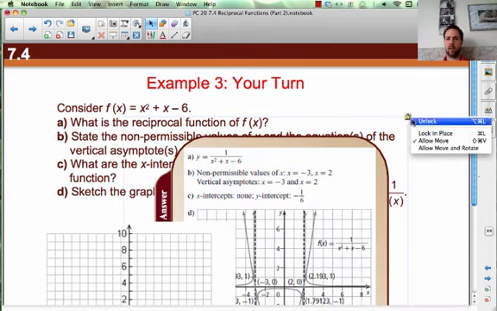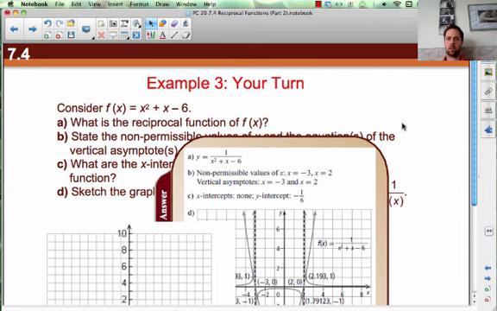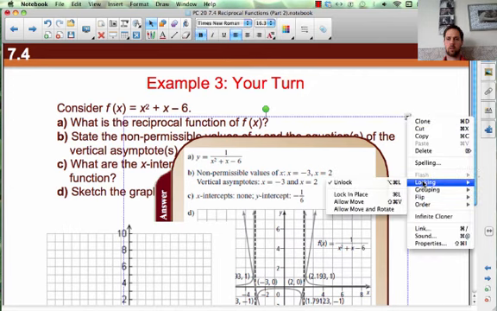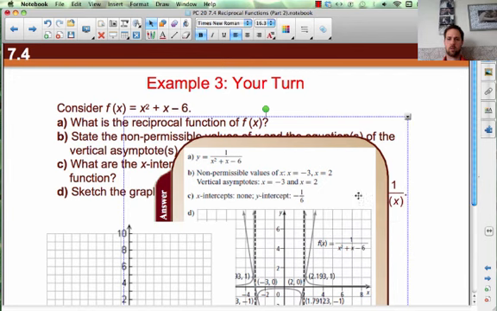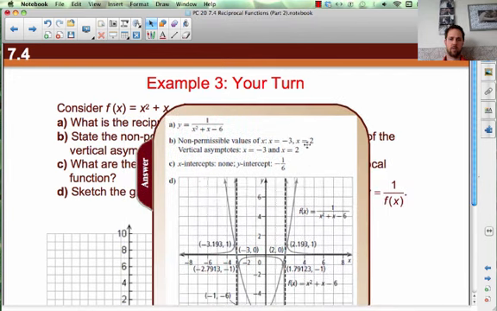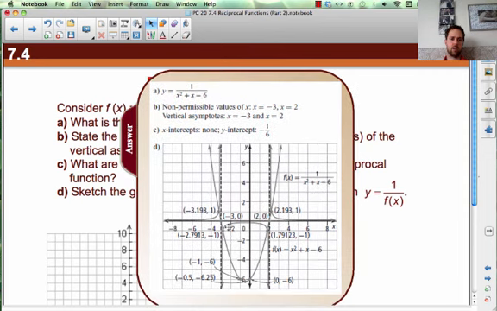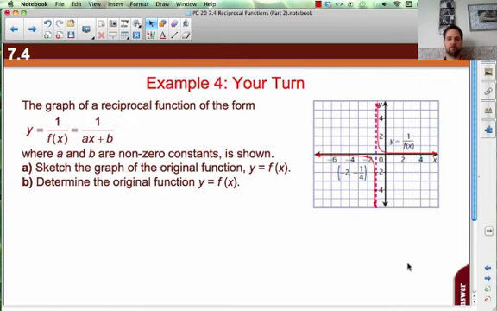Let's verify that. Negative 3 and positive 2. Okay, so there you go. This is the original function, the parabola. And then this with the 2 vertical asymptotes. That's your reciprocal function.